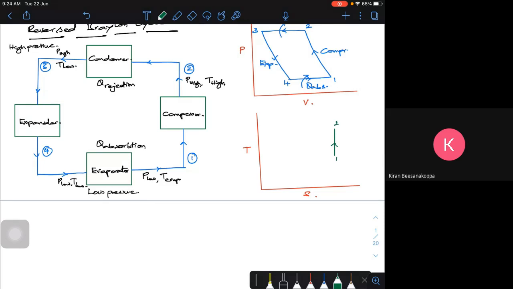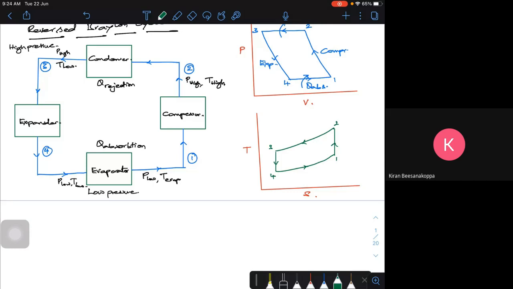Then I'm going to have, okay, this is what you have as your cooling. Then you have your expansion, and then you have your heat addition. Okay, 1 to 2, 2 to 3, 3 to 4, 4 to 1.